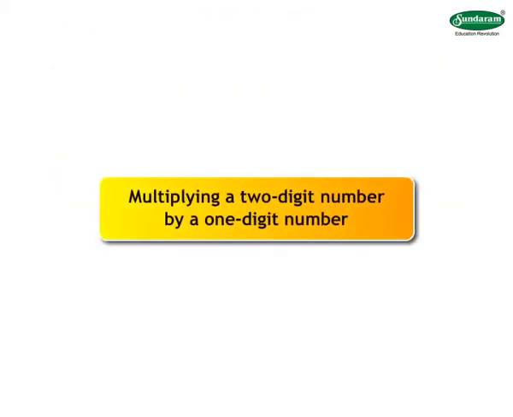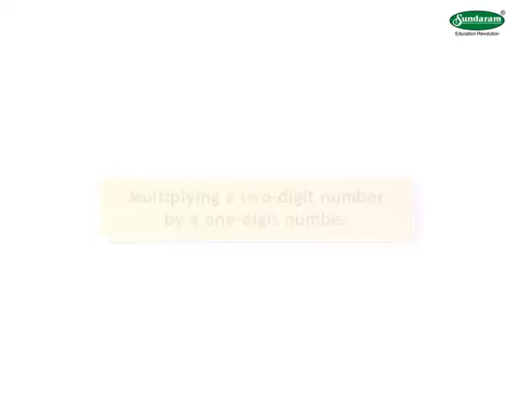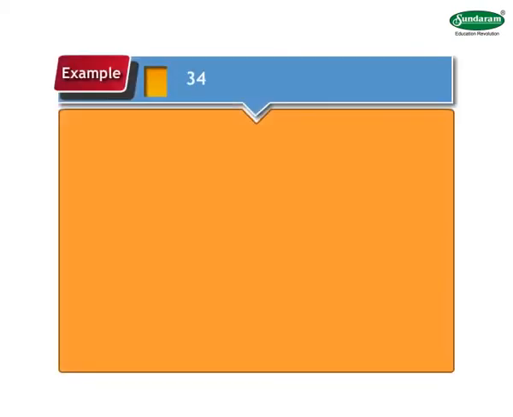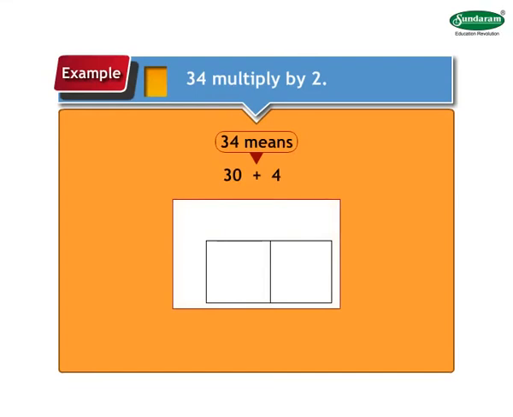We will now see another method of multiplying a two-digit number by a one-digit number. Let us consider an example. 34 multiplied by 2. We can write 34 as 30 plus 4. Now, we will see how to find 34 multiplied by 2.